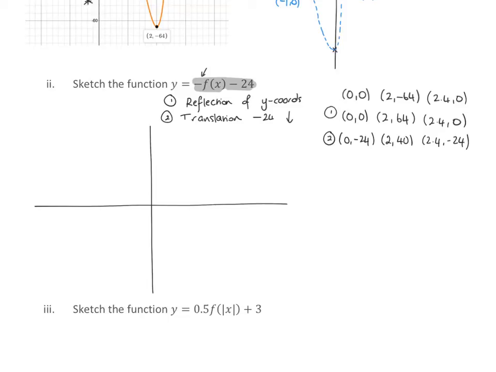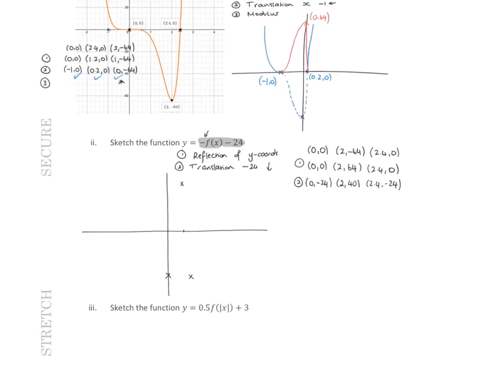So our coordinates are 0, minus 24, 2, 40, that's 2, and then 2, 4 minus 24, so down here. And the whole function has been reflected.